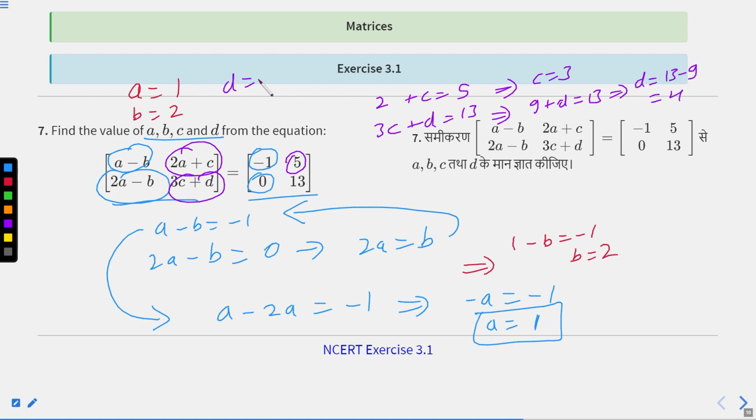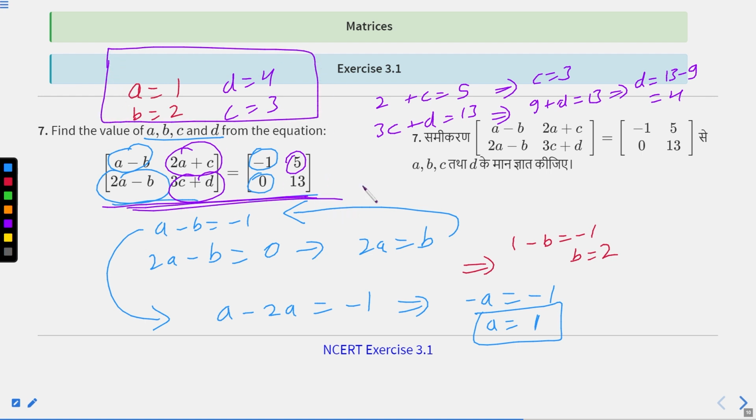So d will be 4, c will be 3. Then this will happen. Okay, I hope that everything is very easy to understand.